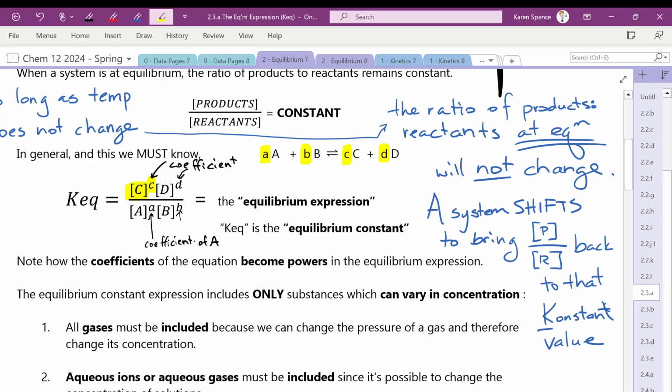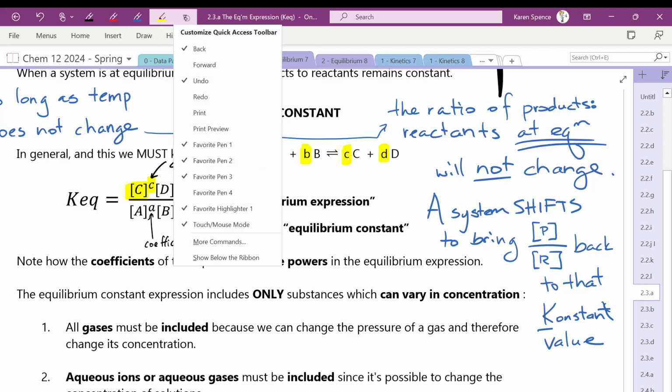Now, every time you work with a KEQ, you should be writing an equilibrium expression. Sometimes people get lazy and they stop doing that. You must write it. You'll notice every one of those substances has concentration brackets around it. What sorts of substances can have a concentration? Gases can have a concentration.